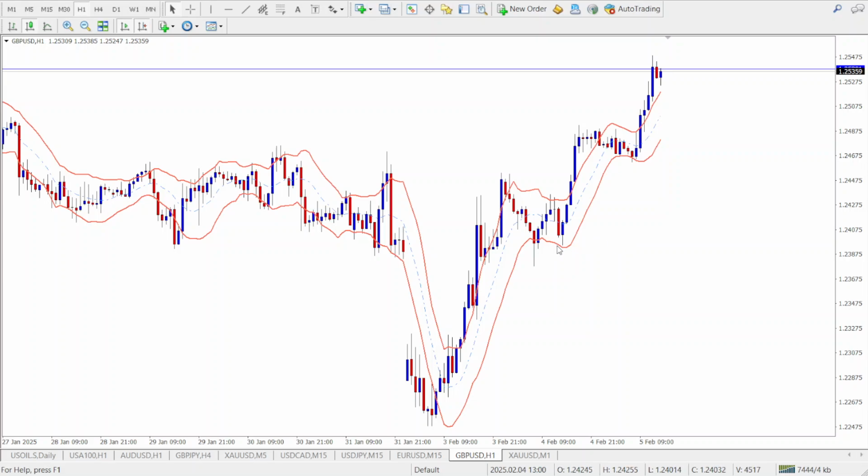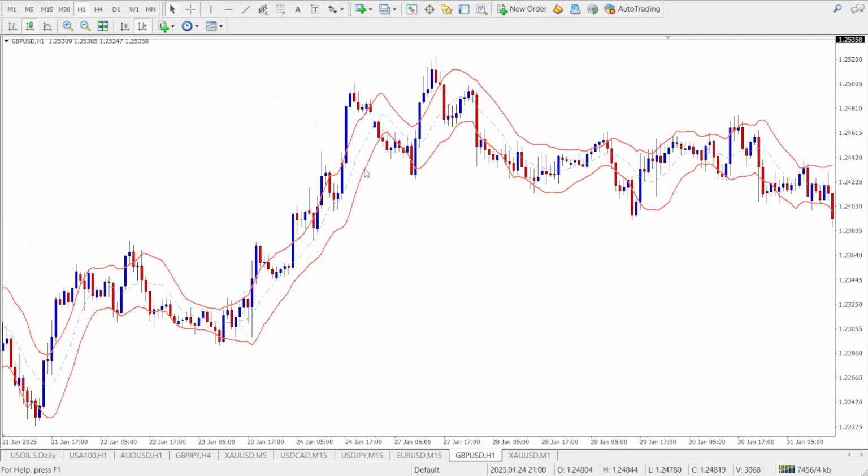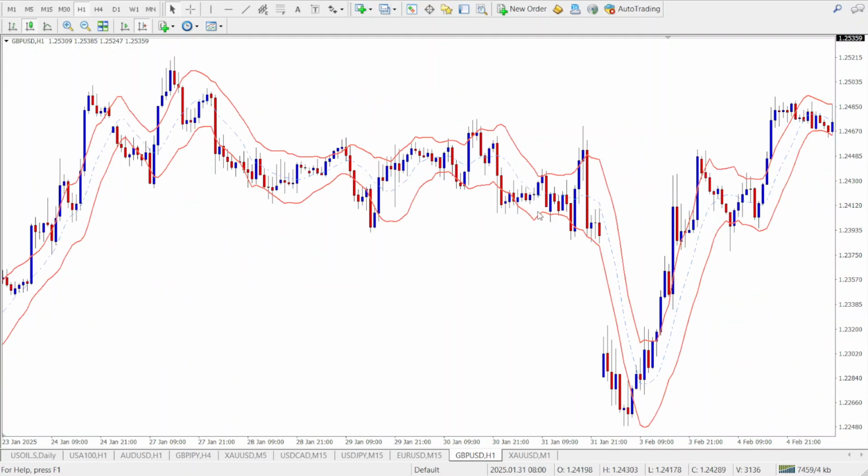When volatility increases, the channel widens. And when the market is calm, it tightens. This makes the Keltner channel a great tool for spotting breakouts and trends.